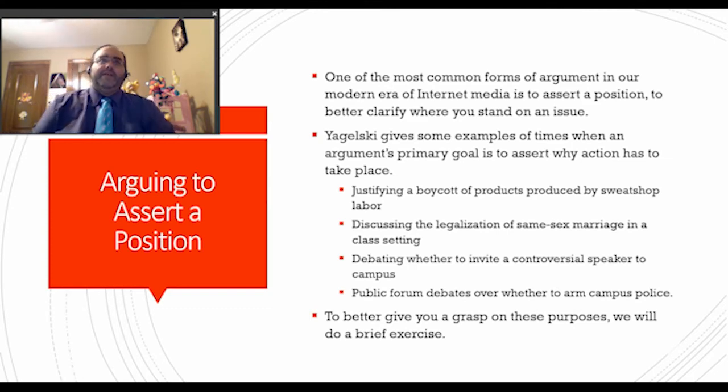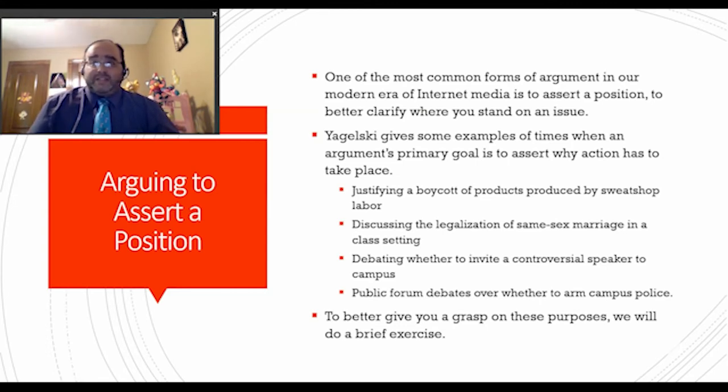The fourth one is public forum debates over whether to arm campus police. You might be surprised to know that there are some campuses that do not arm their police force, even with things like tasers. I know most campuses do not allow firearms to be carried by police, but they still allow them to use tasers.